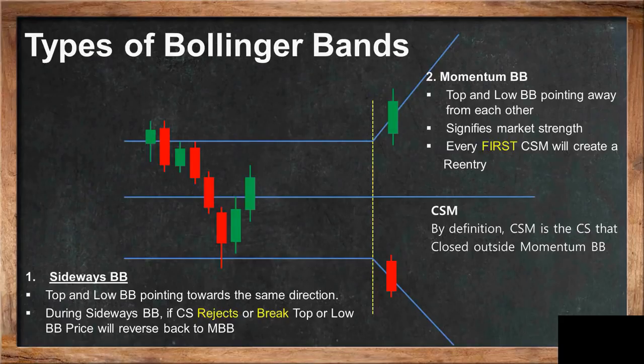The market is quite dynamic and is not as nice as this in a straight line. So how do we actually know if the Bollinger Band is sideways? In my point of view, as long as the top and low BB are pointing in the same direction, that is a good indication that the market is in correction and the Bollinger Band is sideways.